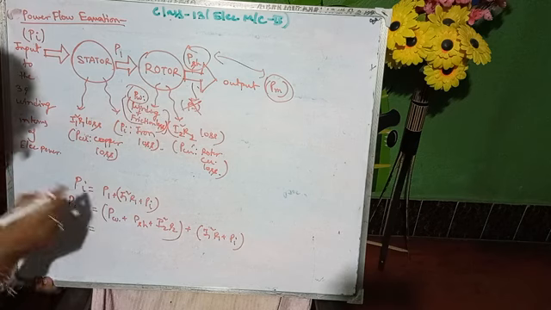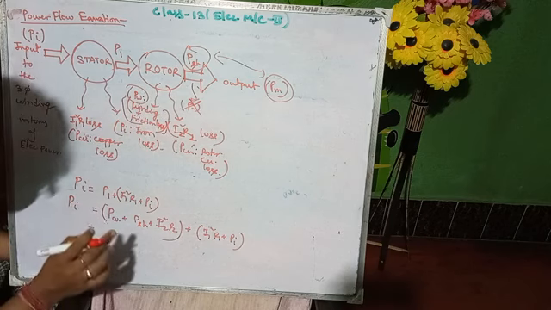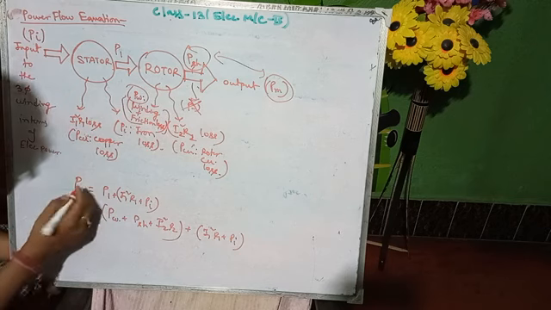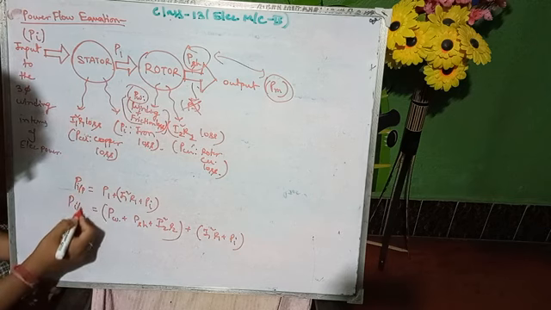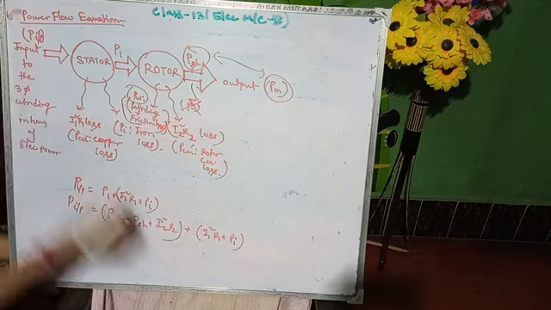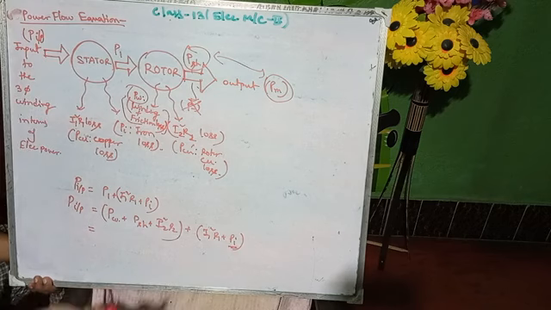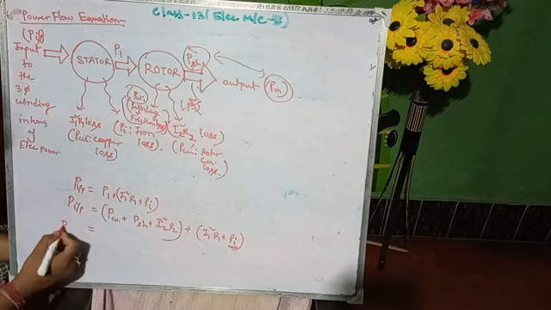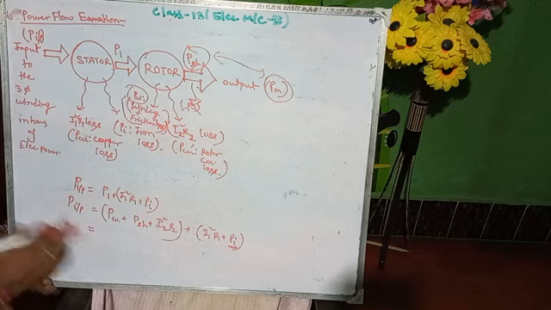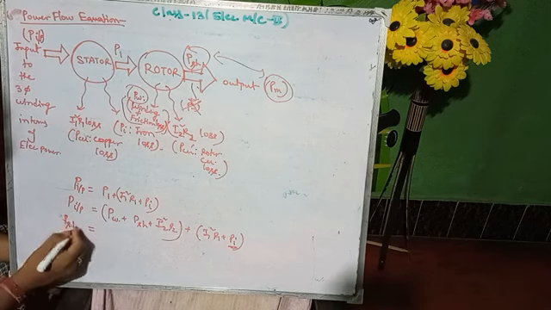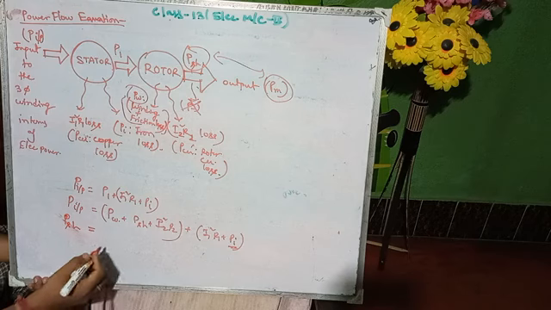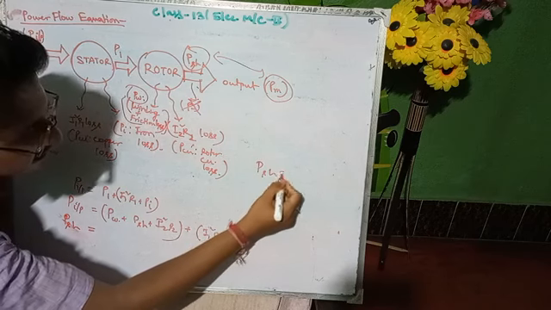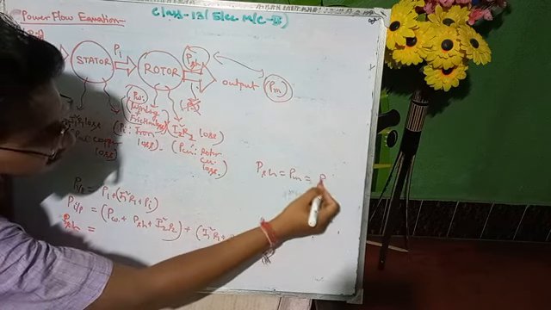Suppose it will be the input power, PIP. Make it PIP, because PI is already used here. The shaft power will be the output power, so PSH, also written as PM, is also written as P output.